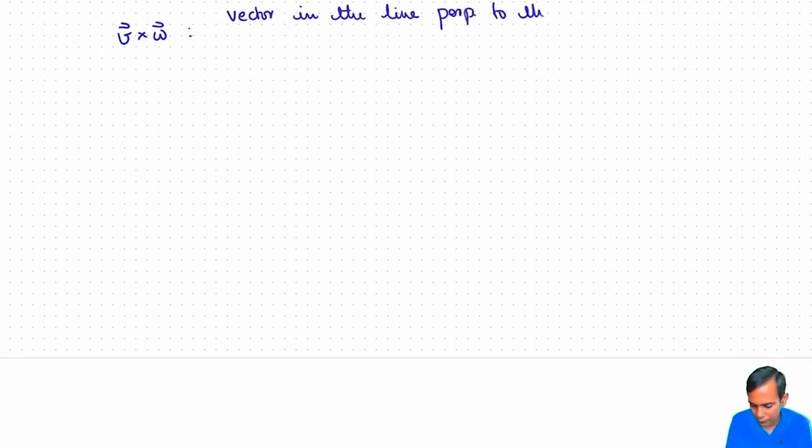V cross W is a vector which lies in the line perpendicular to the plane spanned by V and W. And its direction is given by the right hand rule.